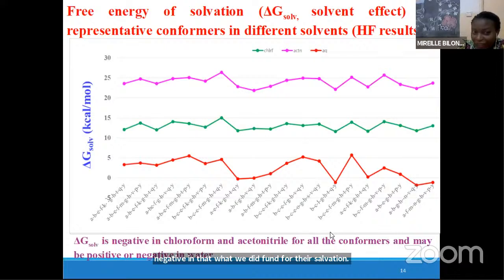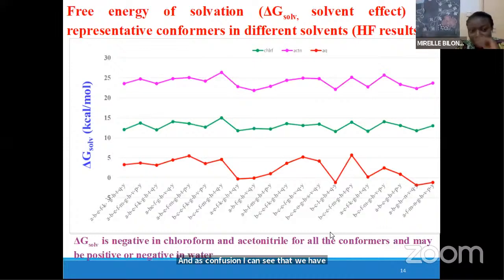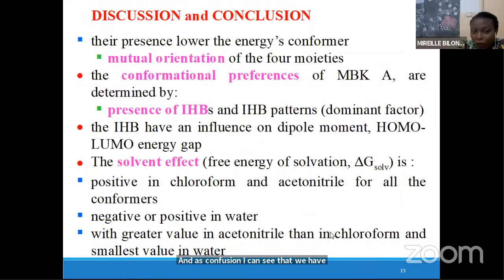And as a conclusion, I can say that we find that the presence of the hydrogen bond lowers the conformer energy, along with the mutual orientation of the four moieties. The conformational preferences of this molecule are determined by the presence of the hydrogen bonds and their patterns, which are a dominant factor.